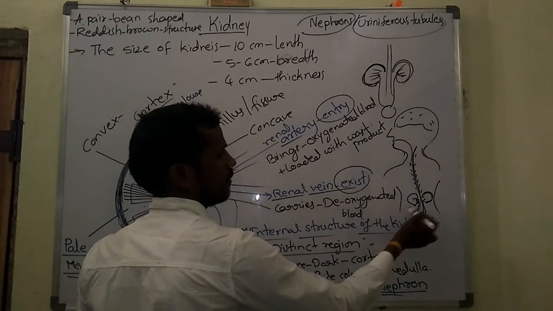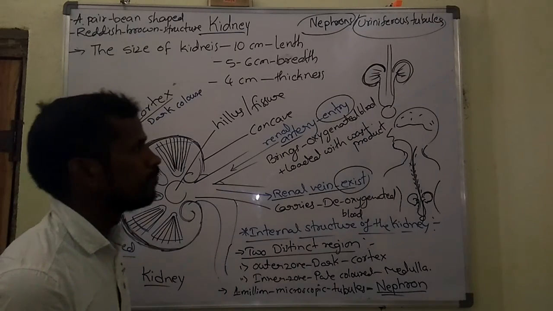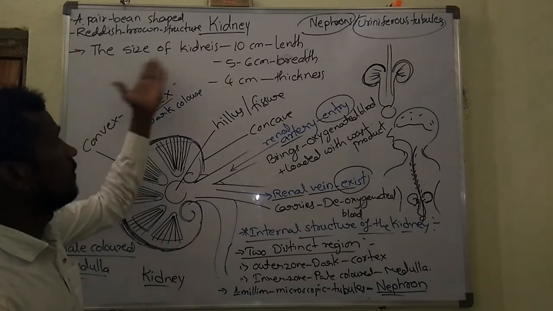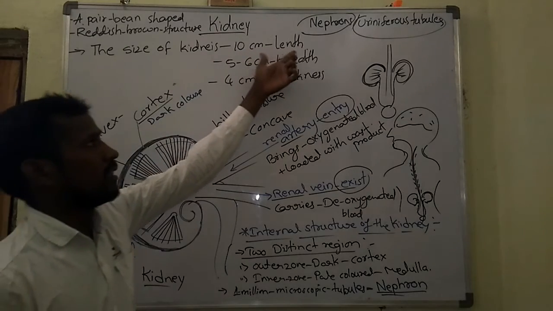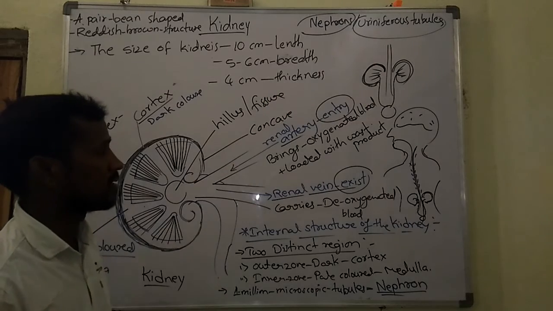Dorsal body wall means the back side of our waist. The size of our kidneys is 10 centimeters in length, 5 to 6 centimeters in breadth and 4 centimeters in thickness.